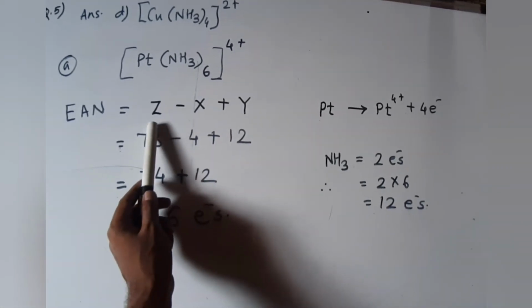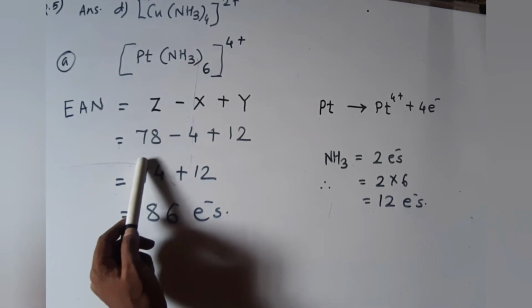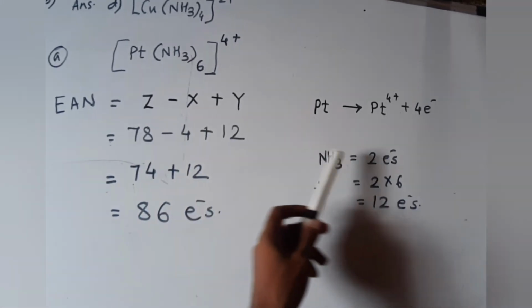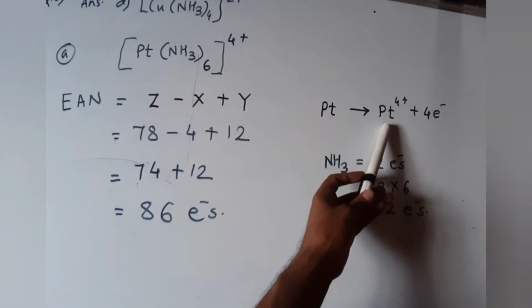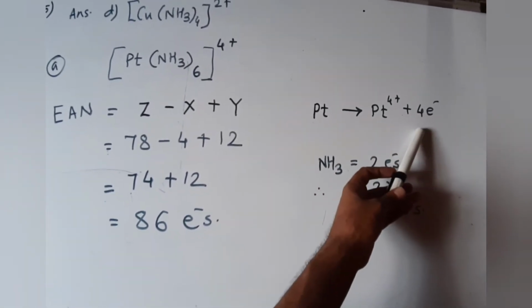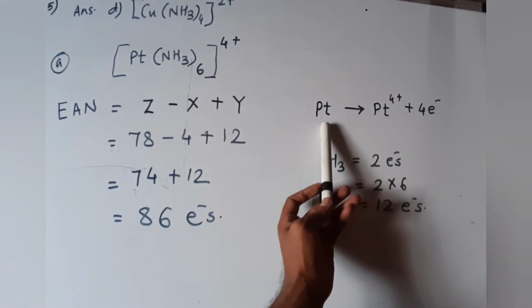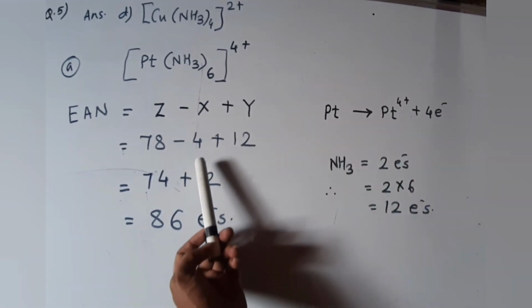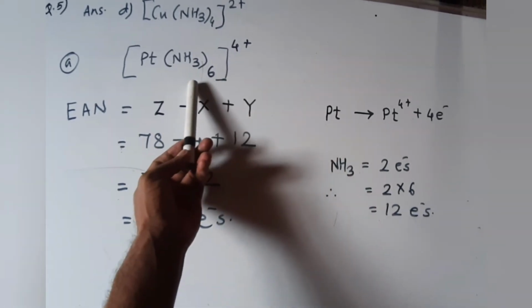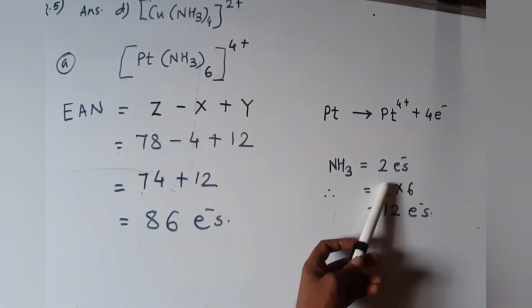So here atomic number of platinum is given as 78 minus X. During formation of platinum 4+ ion, 4 electrons are lost from platinum metal. So therefore value of X is 4, plus each amine donates 2 electrons.